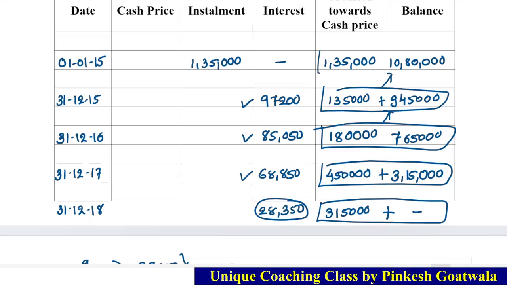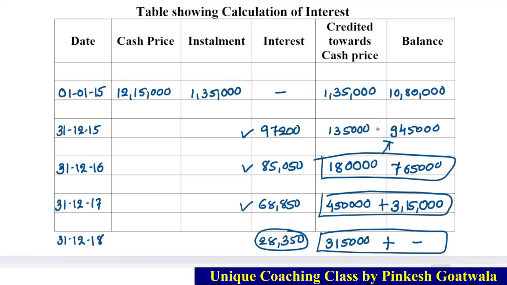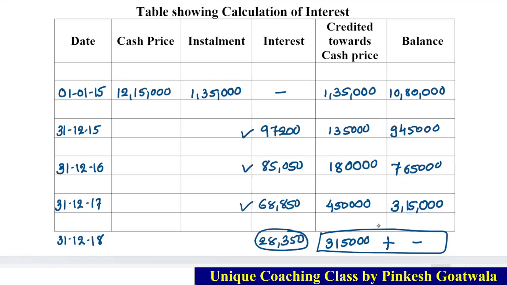And also remember, the total of these two, what will that amount be called? That is called cash price. Okay, what will the total of both be called? Cash price. 10,80,000 plus 135, so the amount comes 12,15,000. Clear these points? So here you will get all the amounts of balance and credit towards cash price.